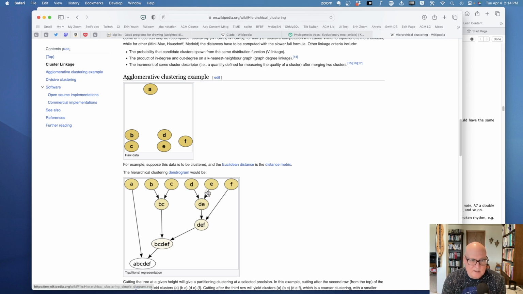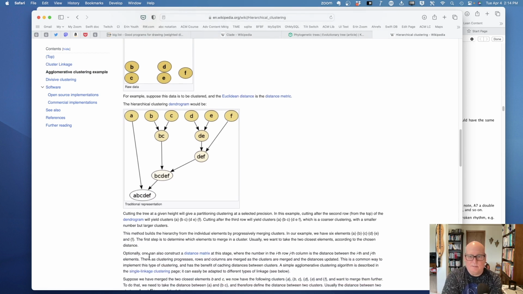And then you say D and E are pretty close, well, put them in a cluster. Now, what's closer? Is BC closer to DE? No, turns out F is closer, so let's make a DEF and draw these together. And then BC, DEF are all relatively closer than A. Okay, so we might be able to do something like that.